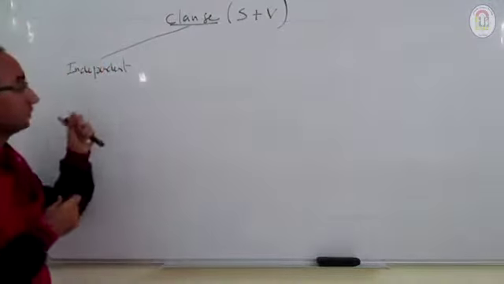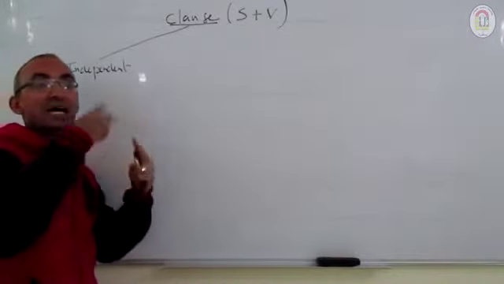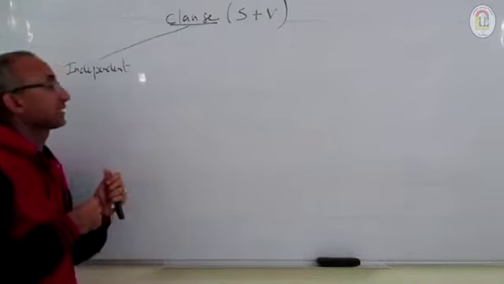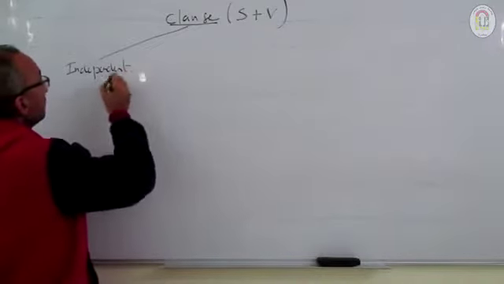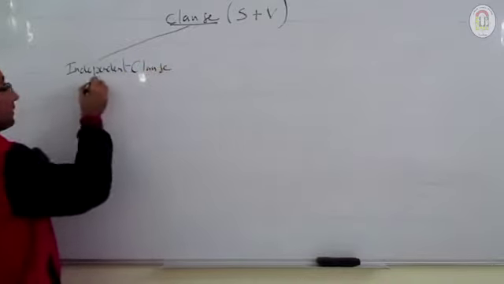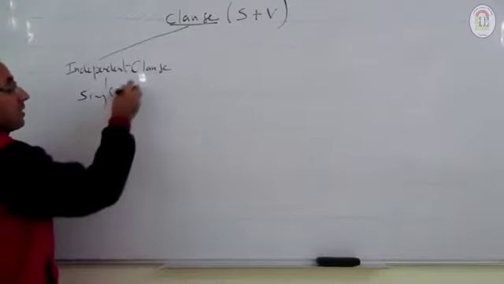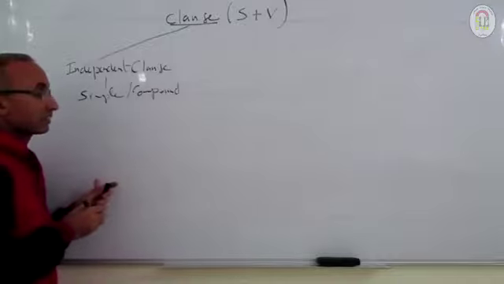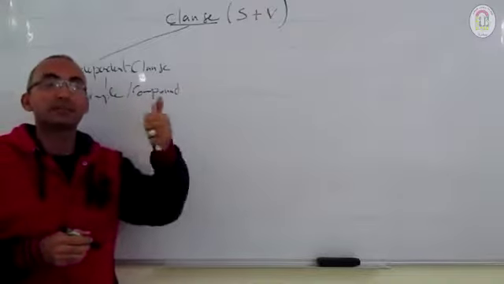Also, we have two or more independent clauses in the second type of the English sentence, which is the compound sentence. Alright. The independent clause exists in the simple sentence and also the compound. And also we find it in the complex, but you have only one independent.